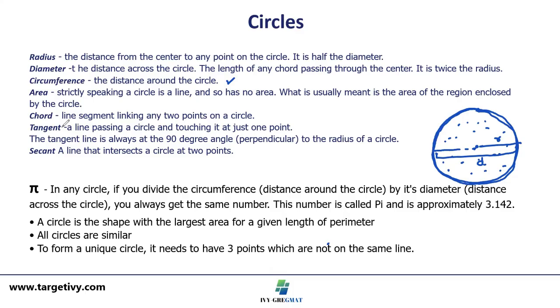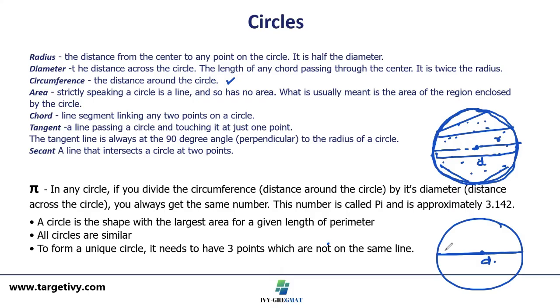A chord is a line segment linking any two points in the circle. So the diameter is also a chord which passes through the center, but a chord may be anything. These are all chords. A chord may be a very small one. The diameter is the longest chord because it passes through the center.